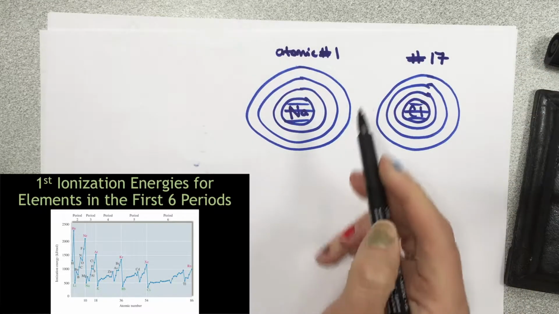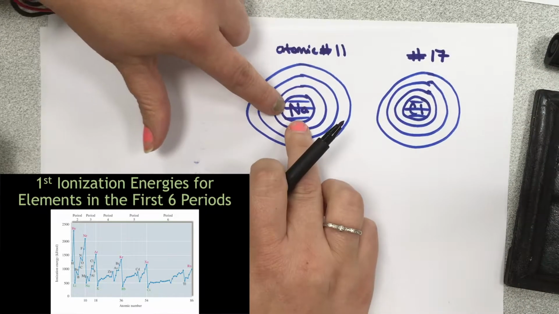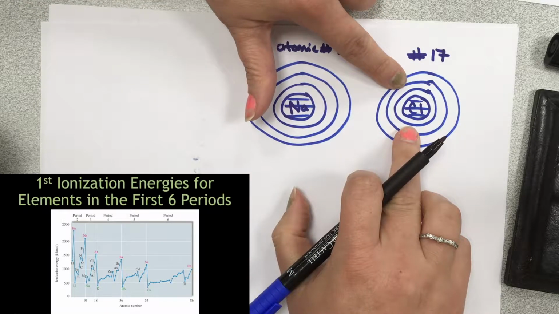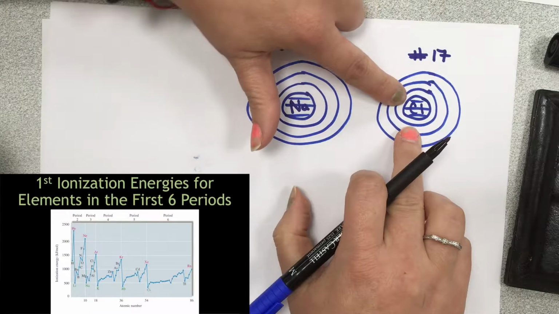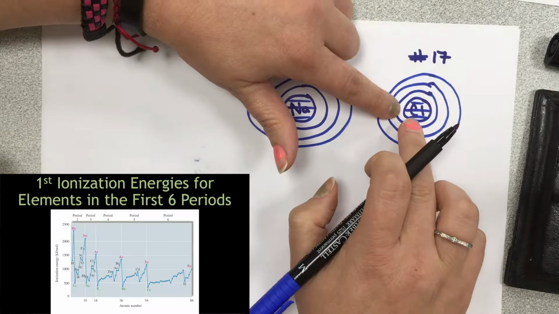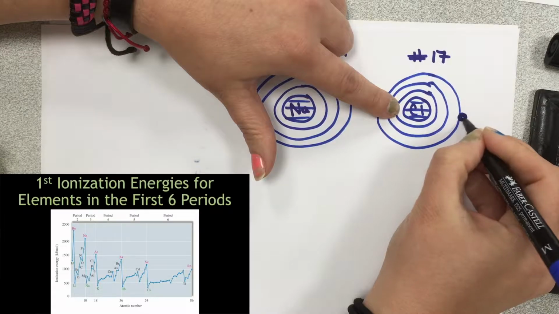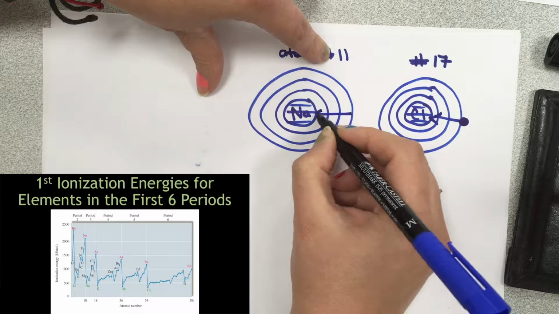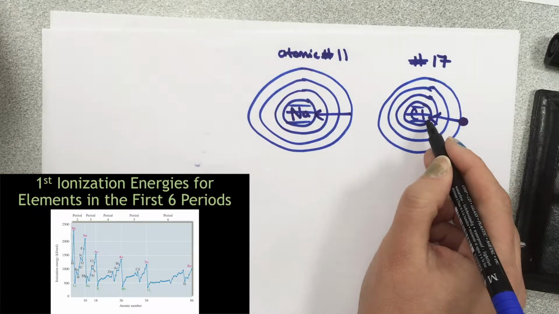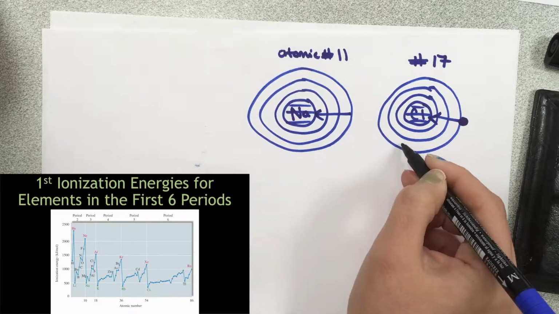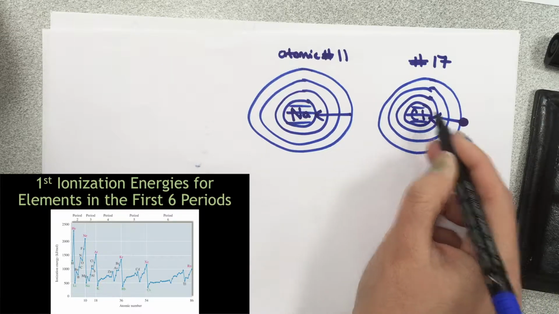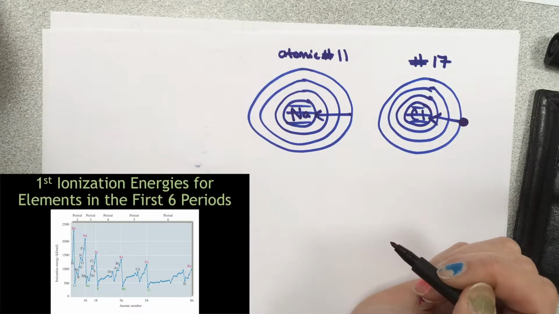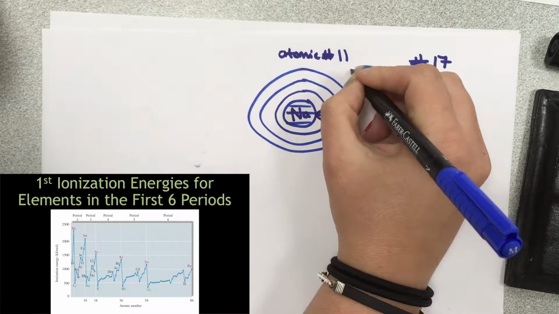So that means this has 11 protons in it, and this one has 17 protons in the nucleus. So these 17 protons are going to really pull these electrons in towards itself compared to only 11. So this pull is stronger compared to this one. Same amount of energy levels, but the pull from the nucleus, the nuclear charge, is stronger on the chlorine than it is on the sodium. So that's why you have a different periodic trend.